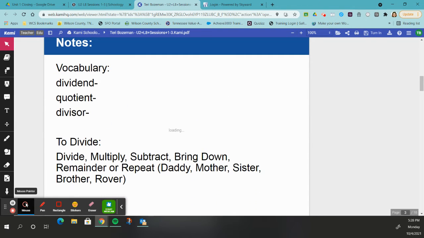All right, that brings us to a little notes section here. So we have some vocabulary. And in this, we need to know what the dividend, the quotient, and the divisor are in a division problem. So the dividend is going to be the number being divided.